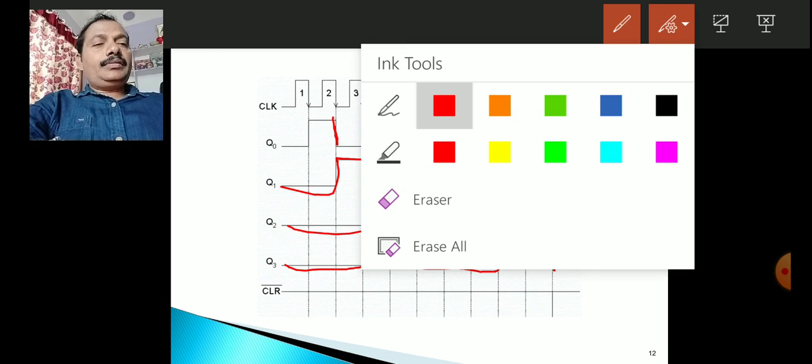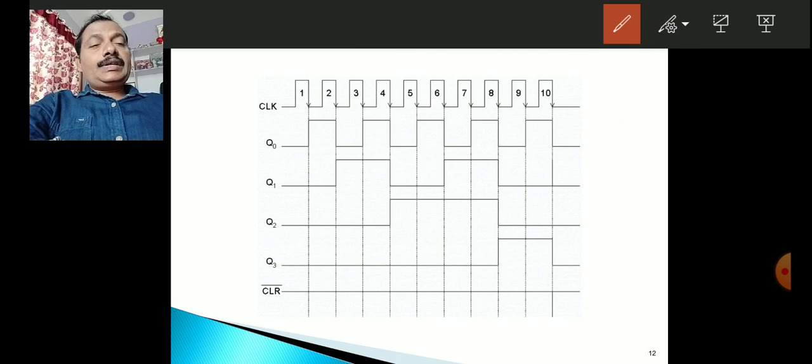So now let us see, initially zeros. First clock pulse, it is 1 0 0 0. Second pulse, 0 1 0 0. Next pulse, 1 1 0 0.